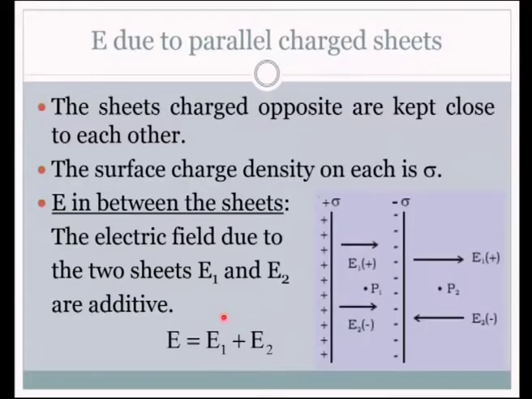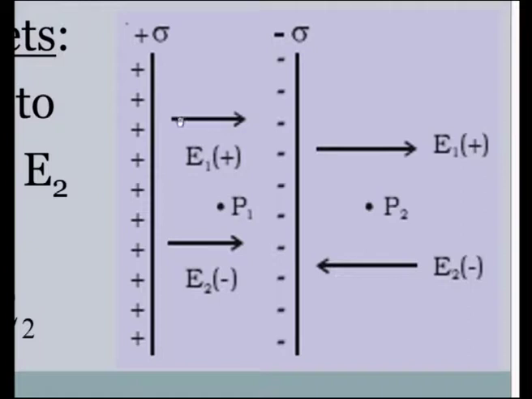One sheet is charged positive, the other sheet is charged negative. We very well know that the electric field comes out from a positive charge and it ends in a negative charge. And here we have the positive and negative charged sheets kept. So, how will the electric field exist between the two charged sheets? See here, I have shown the directions for you. This is the direction of the electric field due to this positive plate.